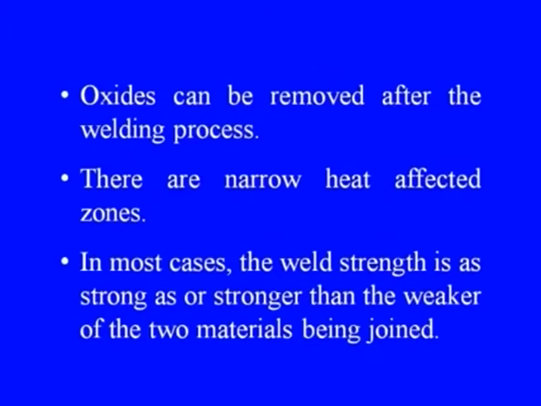Oxides can be removed after the welding process, if at all. Generally, at the temperature at which this friction welding will be carried out, oxide formation may not be very prevalent. However, even if there are oxide formations, that can be removed afterwards. There are very narrow heat affected zones, that is what we have already discussed.